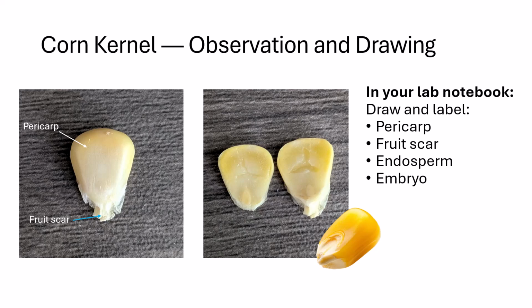Most of this region is the single cotyledon. Inside this embryo region, you can see the embryo, while the majority of the kernel is filled with yellow endosperm, which stores nutrients for the developing plant. First, draw a side view of the kernel showing the pericarp and the fruit scar. Then make a longitudinal section drawing, labeling the endosperm and embryo.